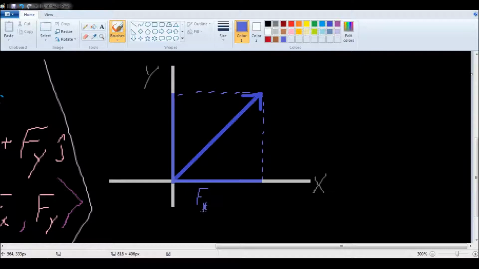To keep with the trend here, I'm going to call this vector f, that's pointing out here. And then this is our f sub y. So same trend here, same distance. We've just broken it up into components theoretically.